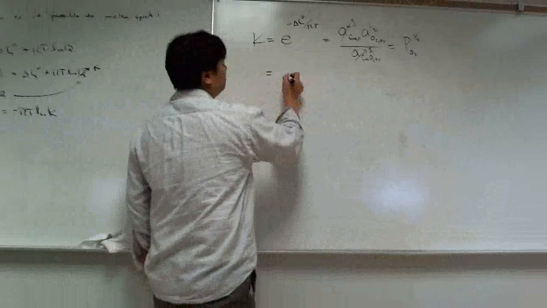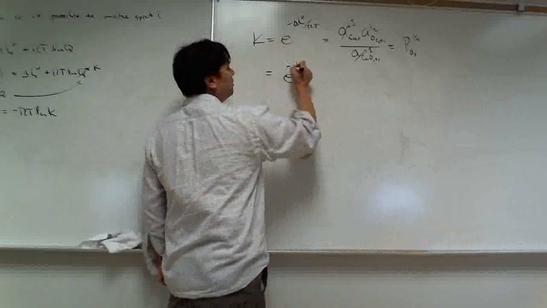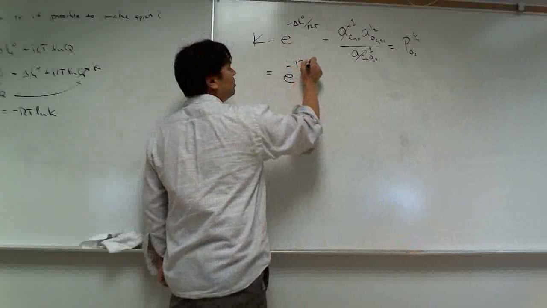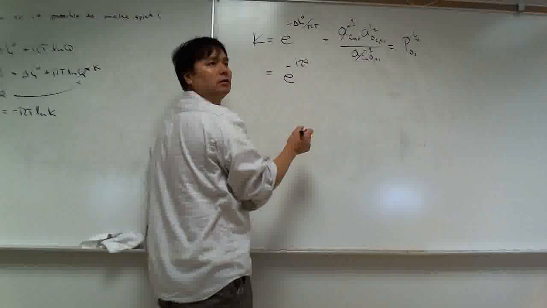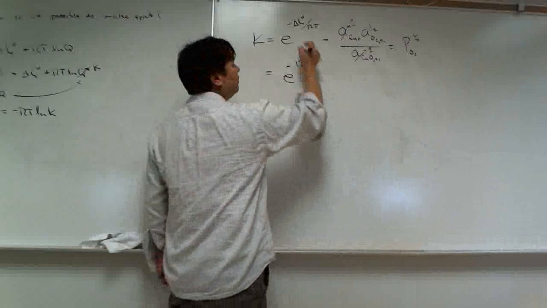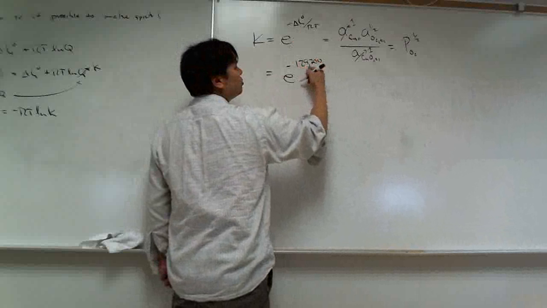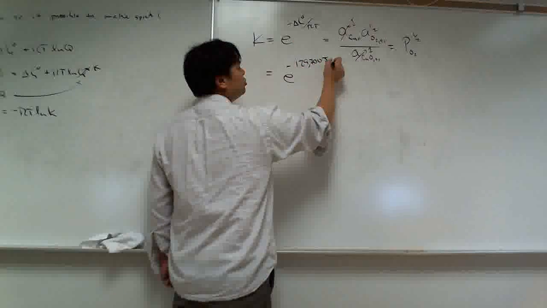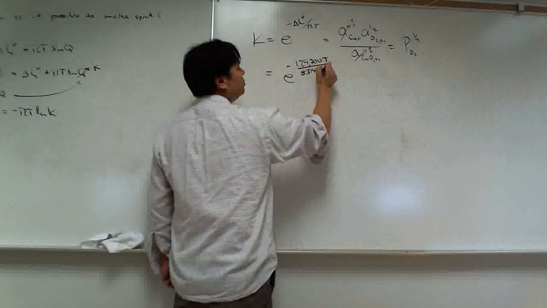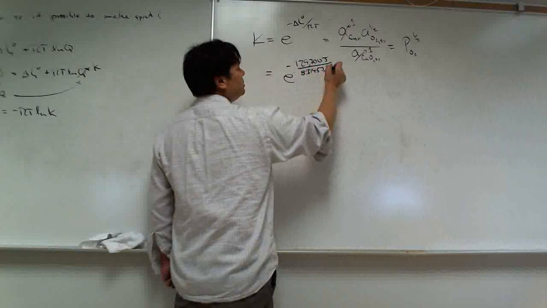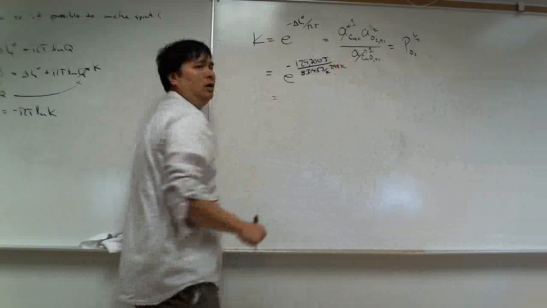All right, so let's go ahead and plug in our values. Delta G naught, what was that? Plus 129.7, but I'm going to write this in joules. So 129,700 joules. R is 8.3145 joules per Kelvin. T is 298 Kelvin. We're trying to do this under room temperature.